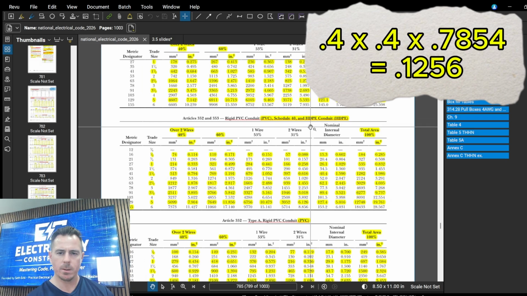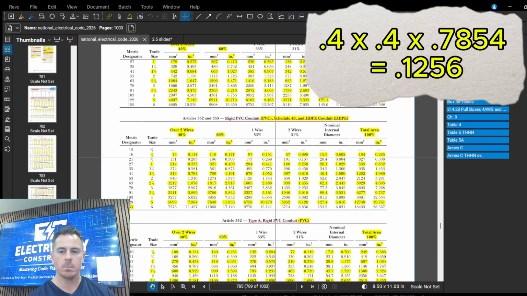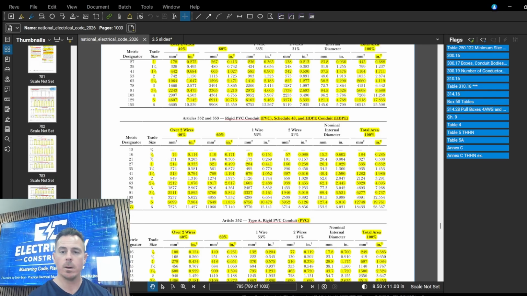There it is right here. Let's find out what the smallest raceway we can use for this NM cable. 0.1256. We're going to use our one wire at 53% fill, and we can fit this in a 1/2 inch raceway. All right, nice.